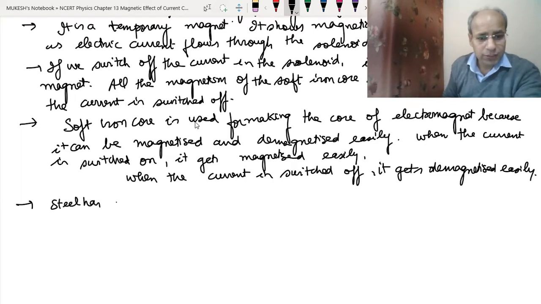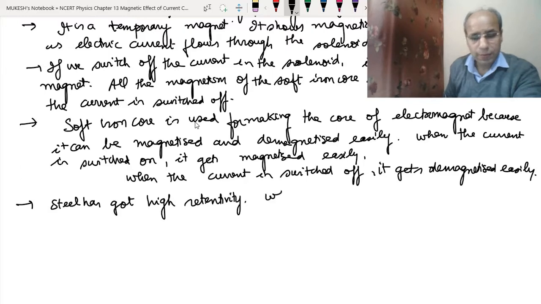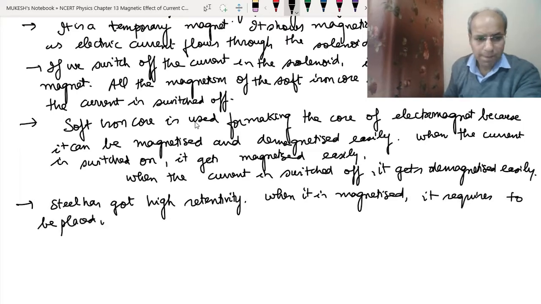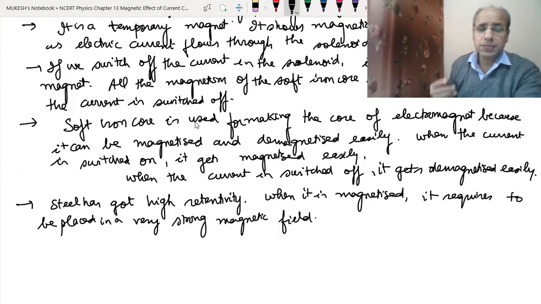Steel has high retentivity. To be magnetized, it needs to be placed in a very strong magnetic field. That means slowly it will take time to get magnetized.